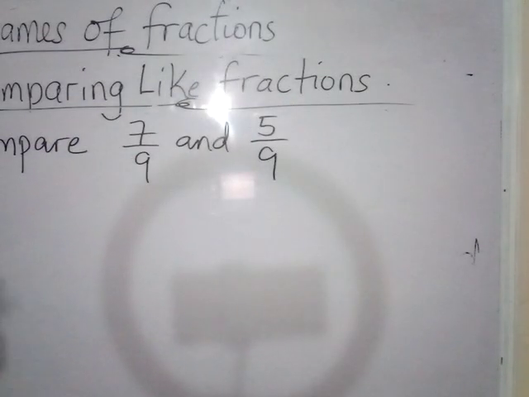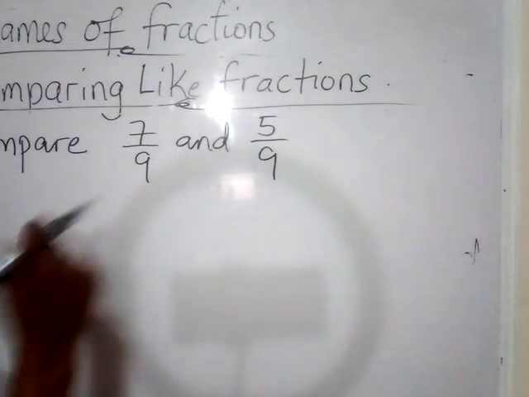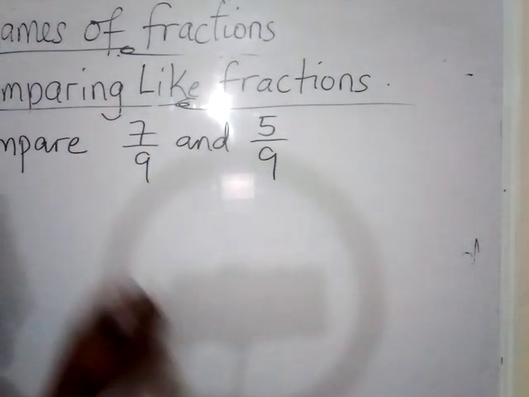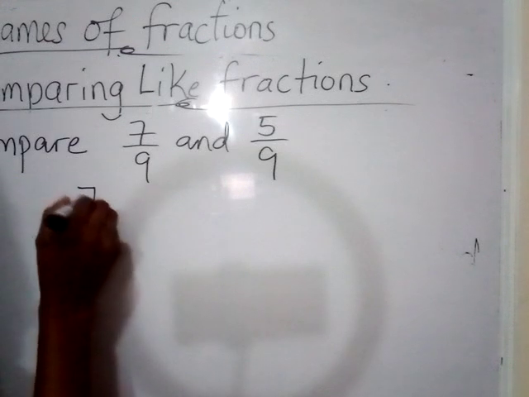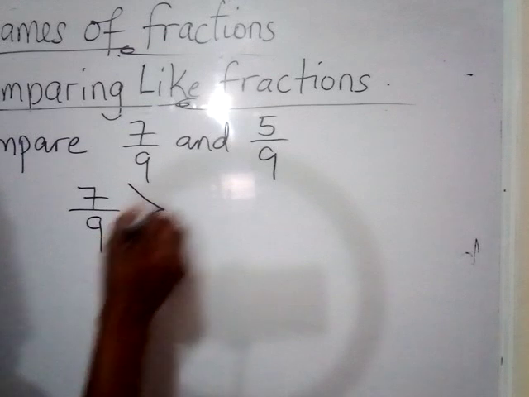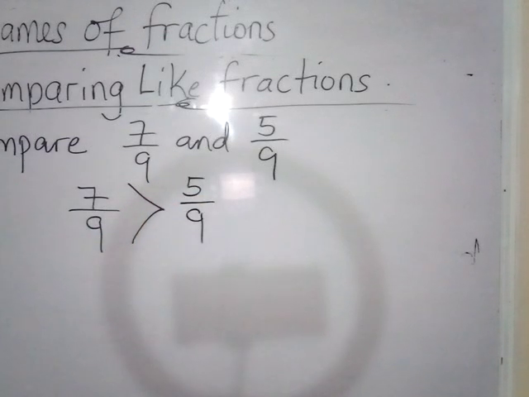We have 7 and 5, and whatever fraction has the larger numerator is the bigger one. So 7/9, which is 7 portions out of 9, is larger. You write 7/9, the mouth of the crocodile opens this way, and you write 5/9. So 7 out of 9 is bigger than 5 out of 9.